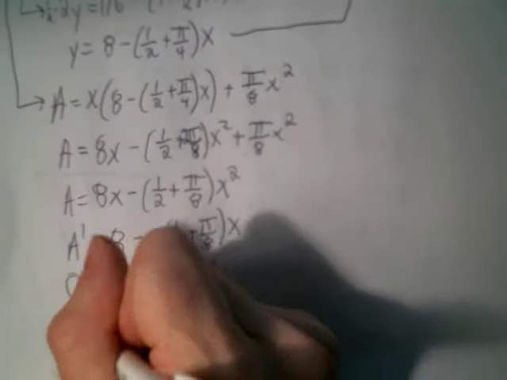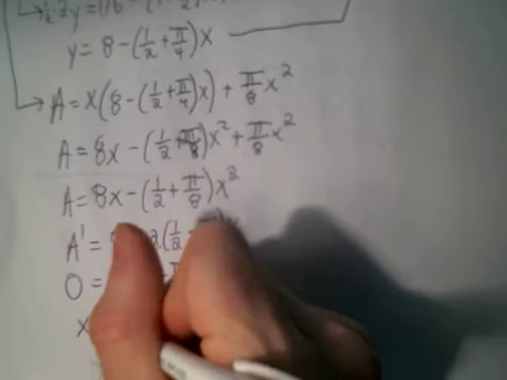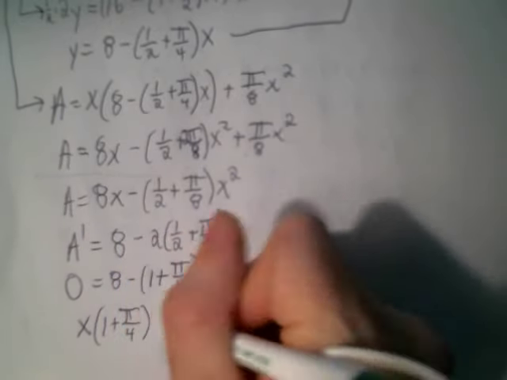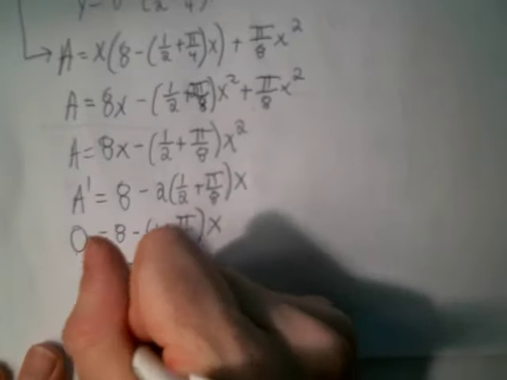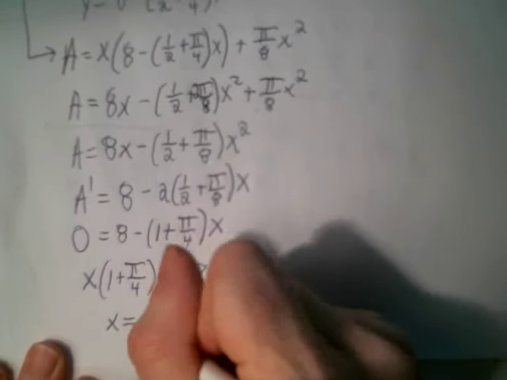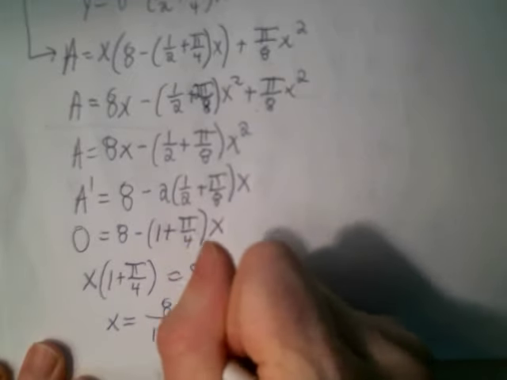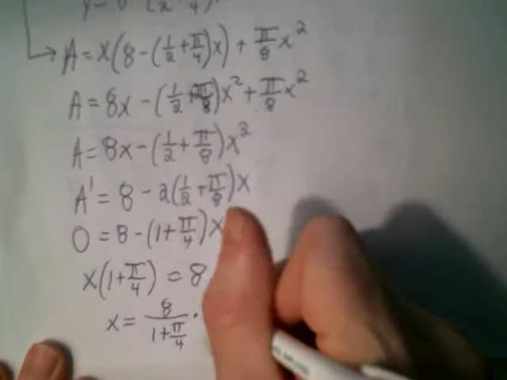Set it equal to 0, so x times 1 plus pi over 4 equals 8. And then divide by 1 plus pi over 4. And of course, we hate complex fractions, so I'm going to multiply top and bottom by 4.